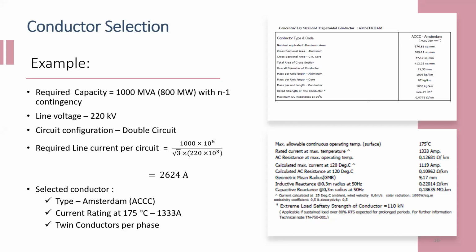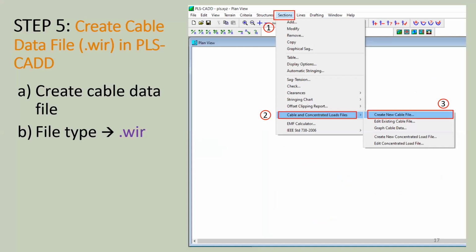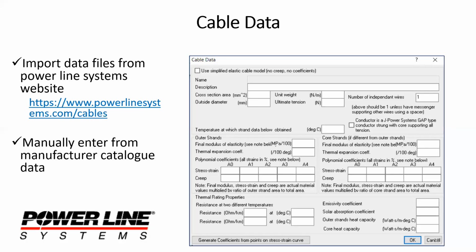After selecting your conductor, the next step is to create a cable data file. Following these steps will lead you to a cable data interface like this. This is quite easy. If you know the exact conductor type that you are going to use in your design, you can directly import the data files from the Powerline Systems website.